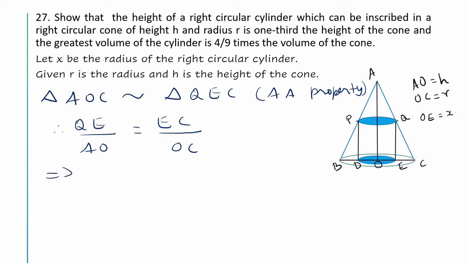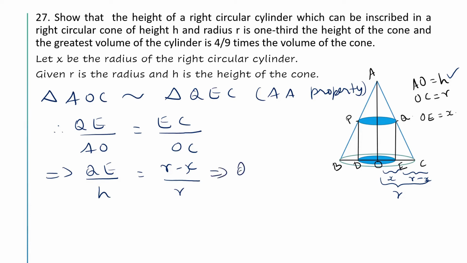From this, QE by AO is nothing but QE by H, which is equal to EC by OC. Here OC is R and OE is X, so EC will be R minus X, divided by OC, which is R. From this we have QE as H into R minus X by R.